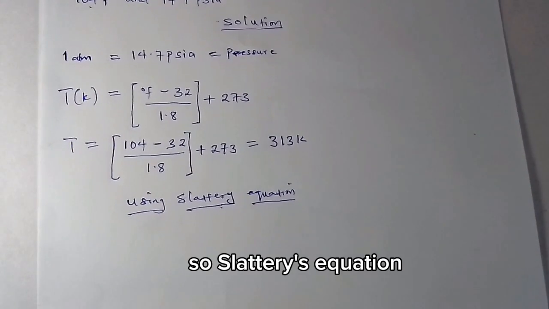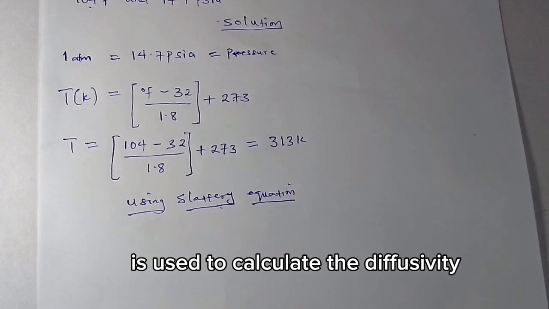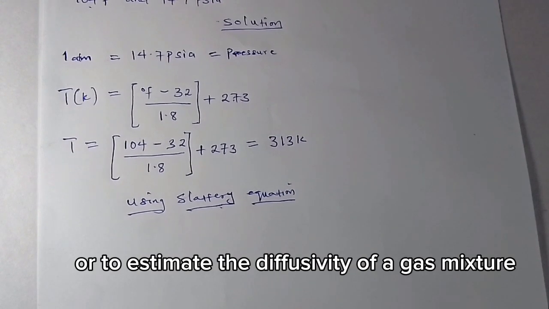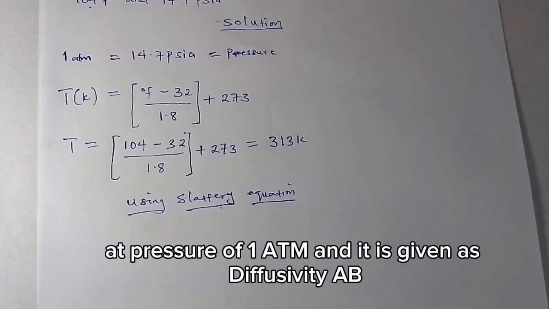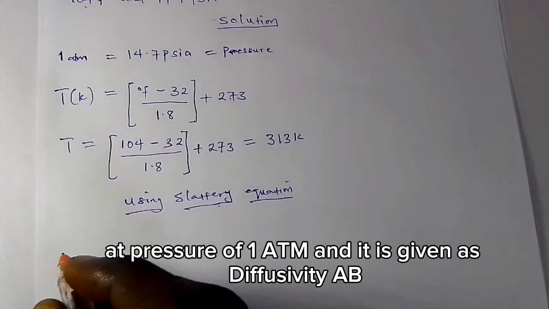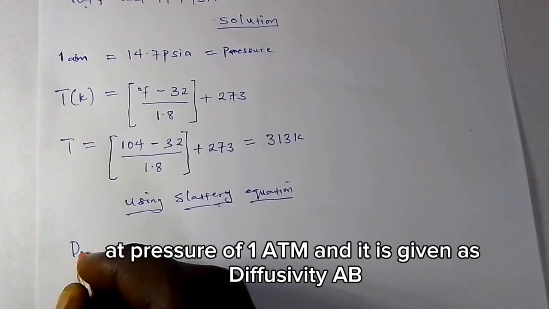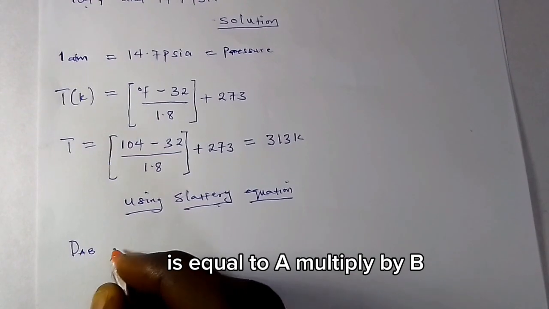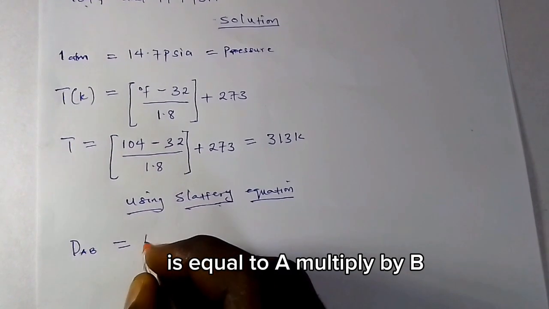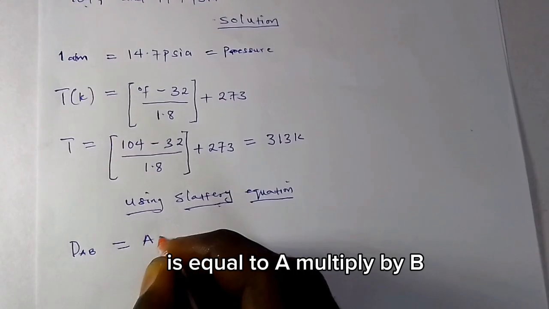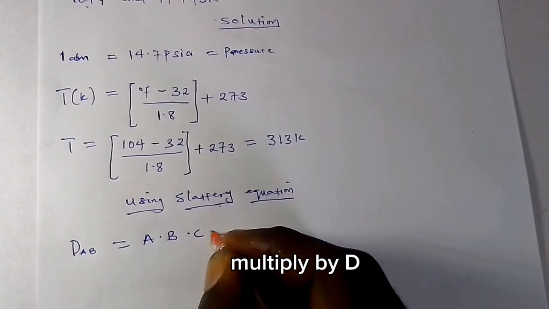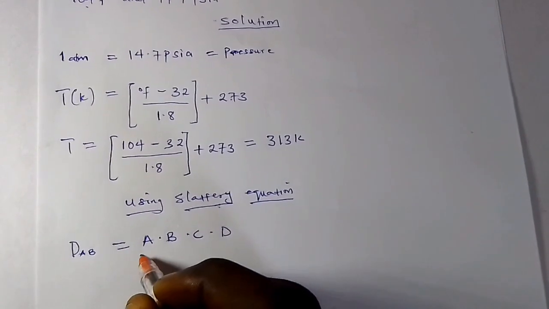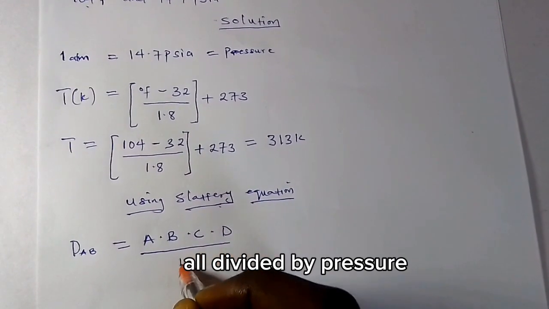Slate equation is used to estimate the diffusivity of a gas mixture at pressure of 1 atm, and it is given as diffusivity AB equal to A multiplied by B multiplied by C multiplied by D, all divided by pressure.